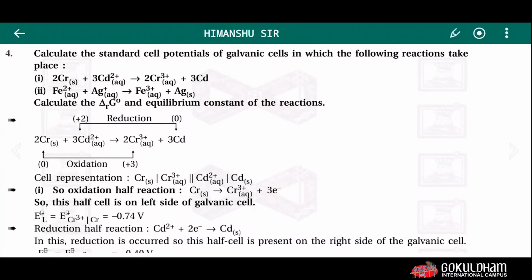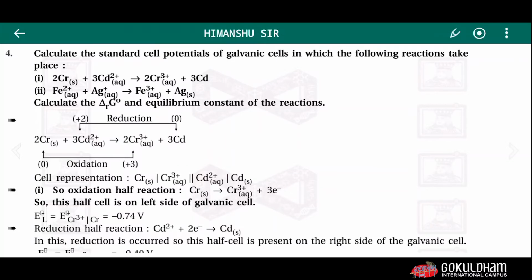Now our fourth example is to calculate the standard cell potential, E0 cell, of galvanic cells in which the following reactions take place. First is 2Cr plus 3Cd2+ gives 2Cr3+ plus 3Cd.